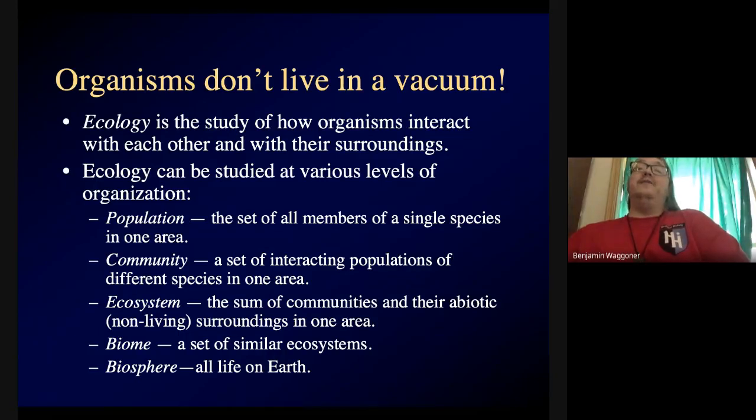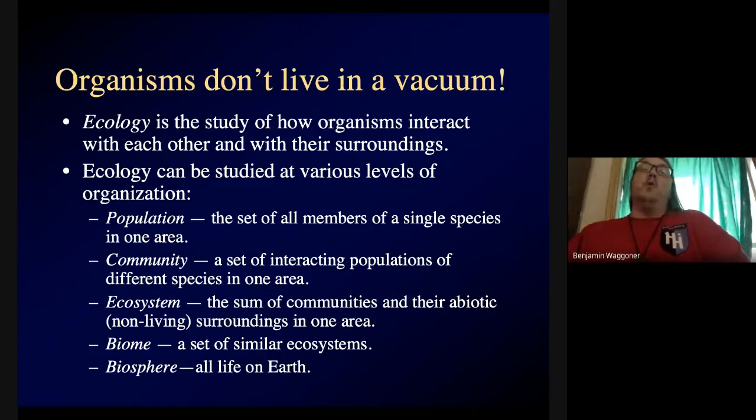A set of similar ecosystems around the world would be called a biome. So, for example, we could talk about temperate grassland biomes, which would include the prairies of Western North America and the pampas of Argentina and the savannas of Africa. All of those would be examples of a similar biome.